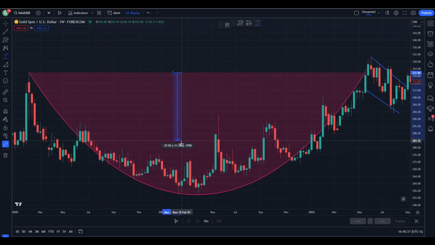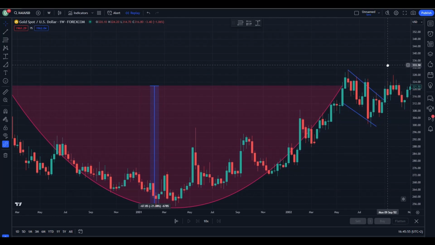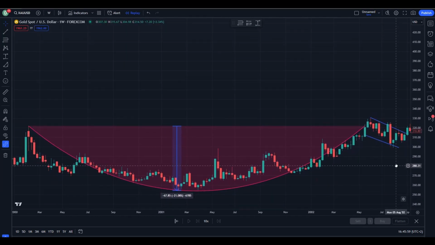First we measure the cup movement, so high to low. Back then we were talking about nearly $68 of an increase. 68 may not seem like a lot today, but let's not forget that back then the price was just around $320. So having that in mind, what we need to do is to measure this movement of $68 from the breakout point over here.